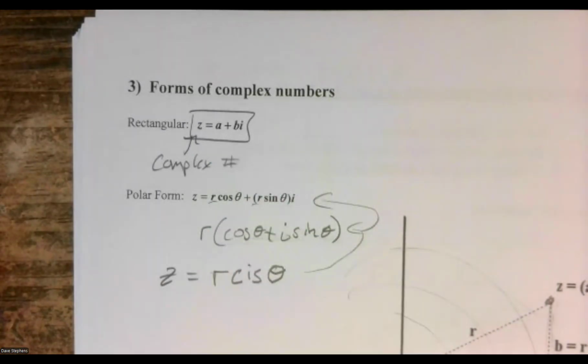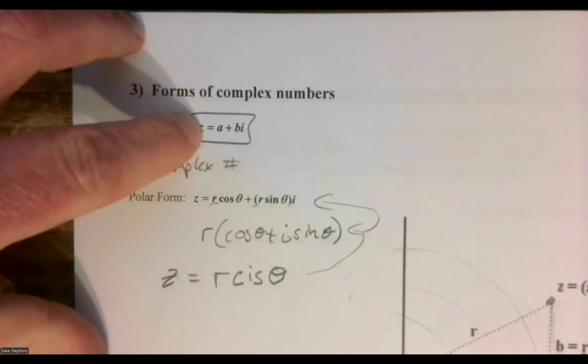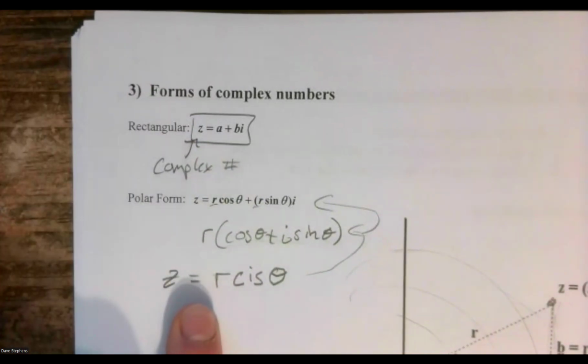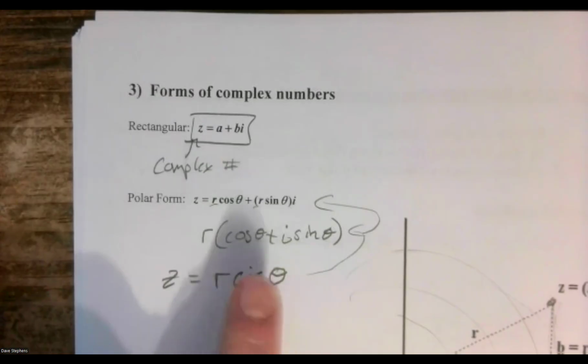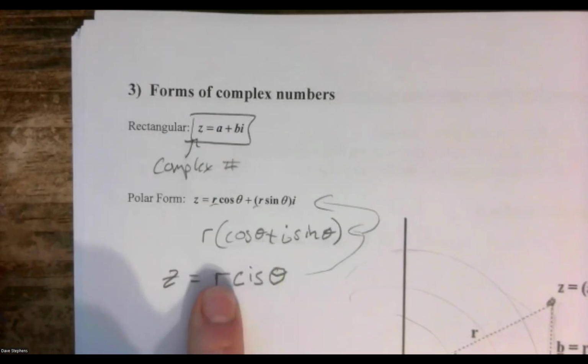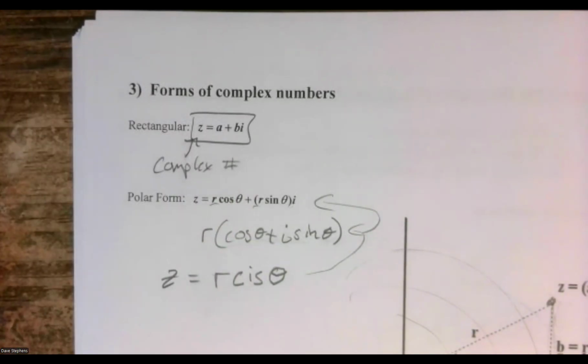This is a polar coordinate point. So complex numbers, a plus bi, can be in the form of r cosine theta plus i sine theta. And so we're going to use this polar form and this rectangular form, and we're going to convert back and forth between the two.